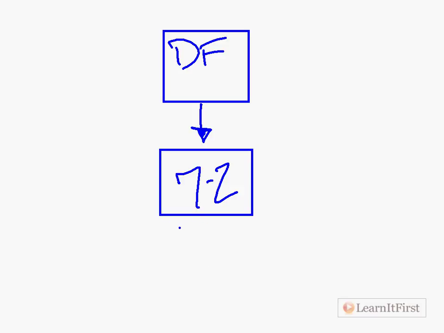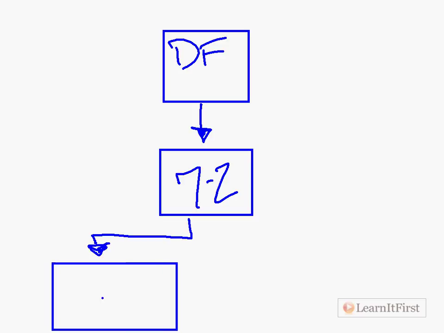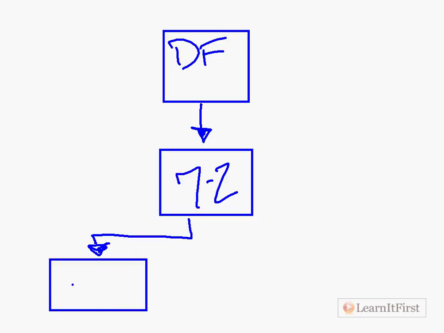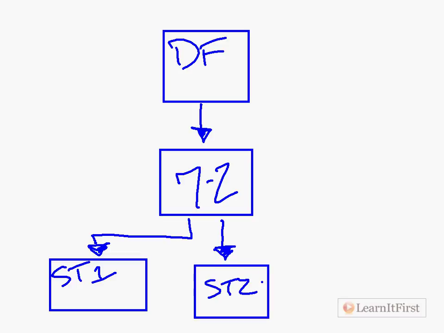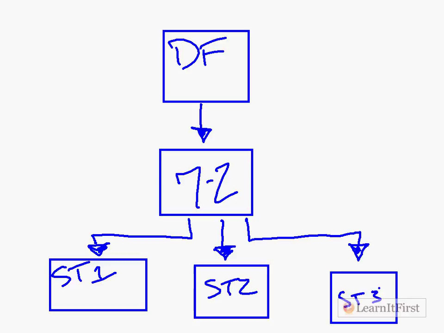Now coming out of 7-zip, we could have a script task 1 to do our plain old internet. Then we could have another script task that would do our SFTP. And then we'd have a different script task to do our network.